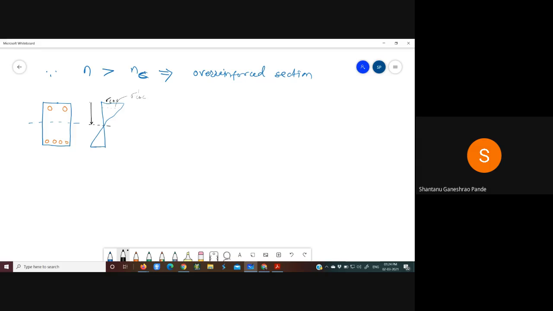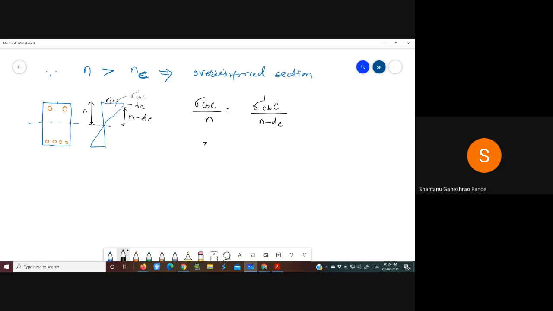This depth is N, and this is DC, so this is N minus DC. We consider the two similar triangles in the compression zone, so sigma CBC upon N equals sigma dash CBC divided by N minus DC.